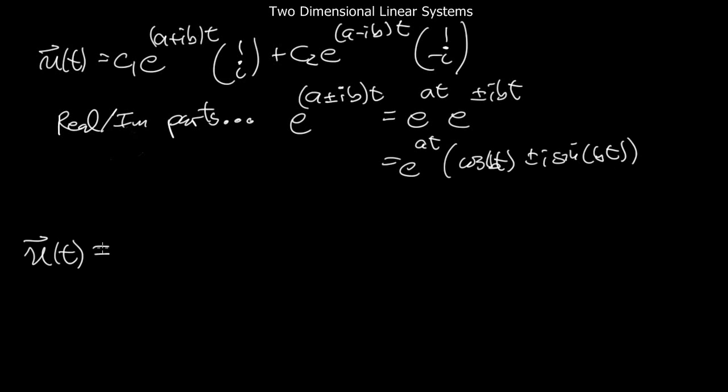And you see that u of t is equal to what? You get e to the at. I'll pull that out of the whole thing. And then I'll skip some steps.